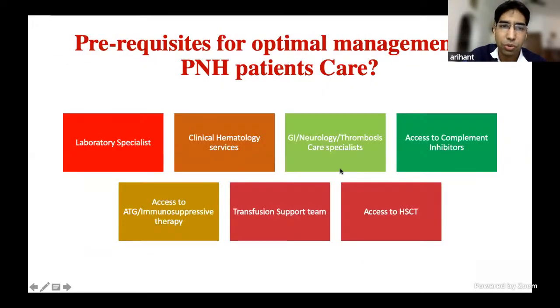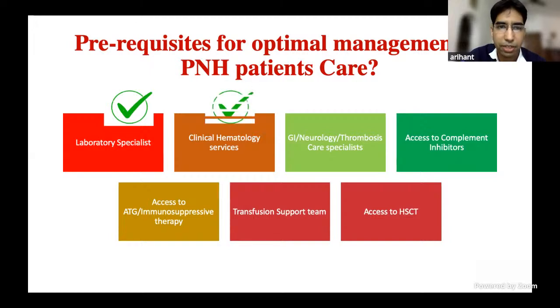So if we look at what is the future for India, and at the prerequisites for optimal management of PNH patient care, we have good laboratory specialists who can very easily diagnose PNH. At least the tertiary center labs are equipped with flow cytometry services.